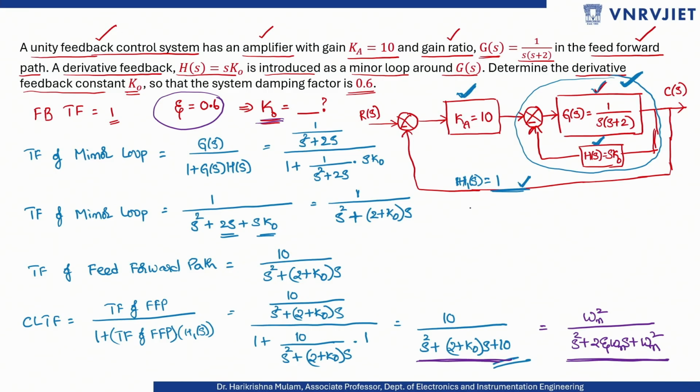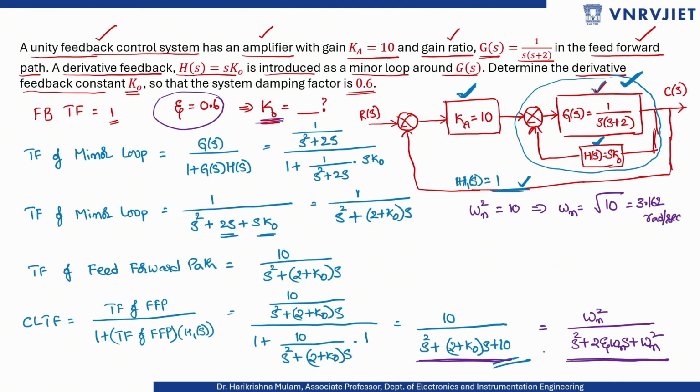Therefore, if you compare, we can understand that omega n square is equal to 10. Therefore, omega n is equal to square root of 10, which is 3.162 radians per second.